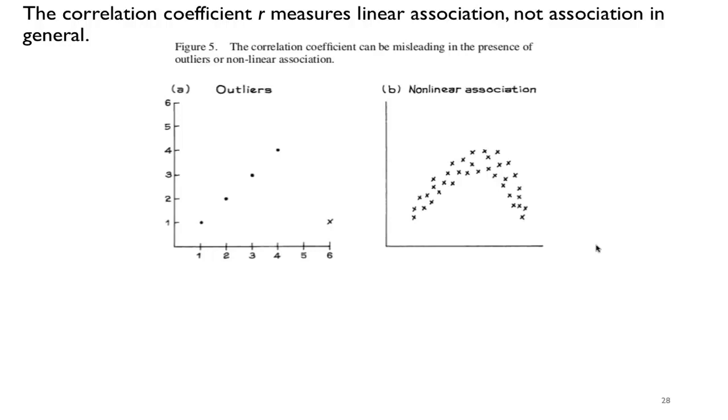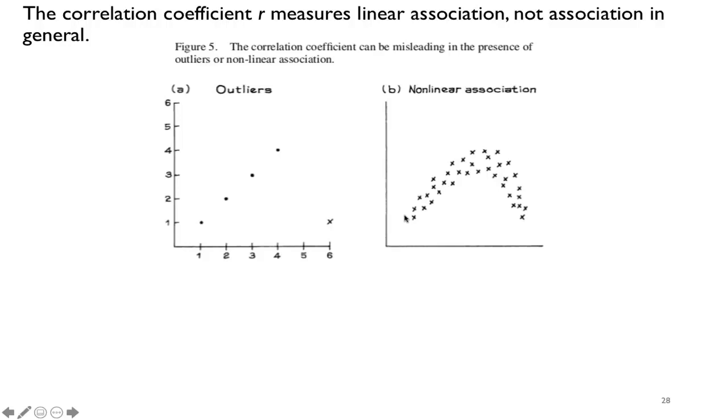And something else to be careful about is that the correlation coefficient measures linear association, but not association in general. Here are a couple of cases where the correlation coefficient can be misleading. One case is when you have an outlier. For example, all the points seem to be perfectly on this line, so it seems to be an association. But if you have an outlier, something way over here, then that will skew and give you a misleading correlation coefficient.